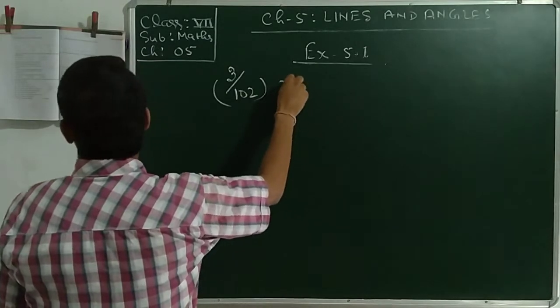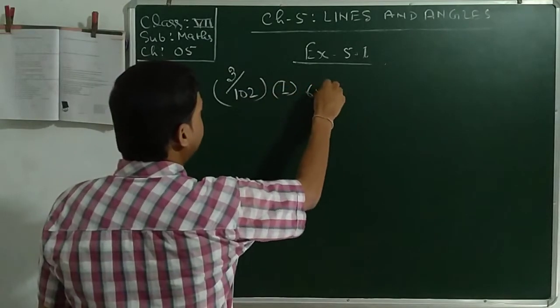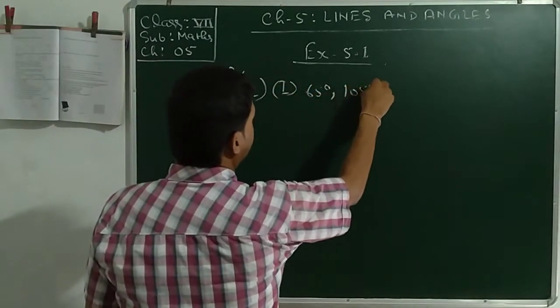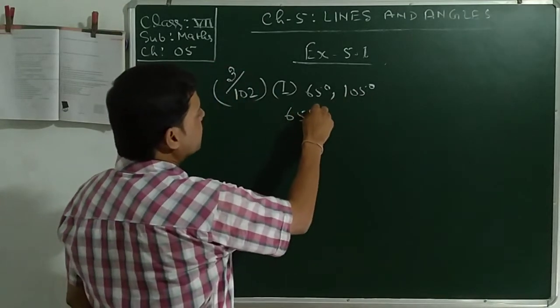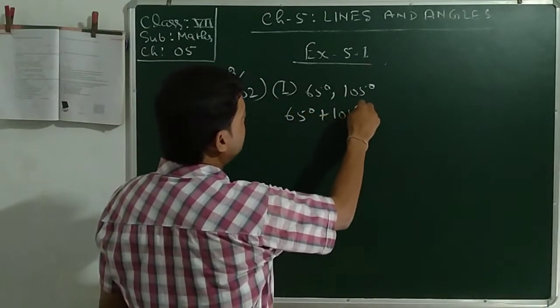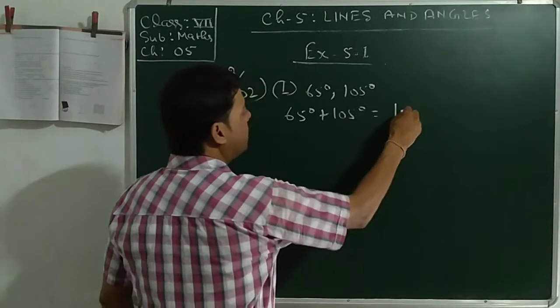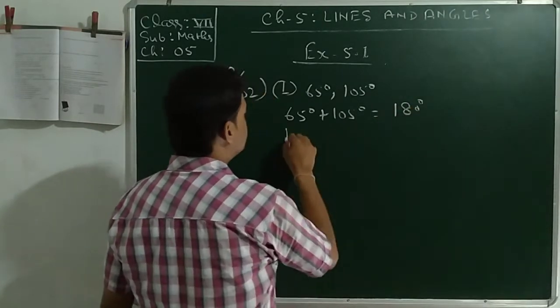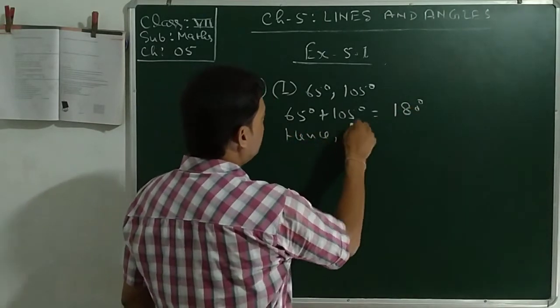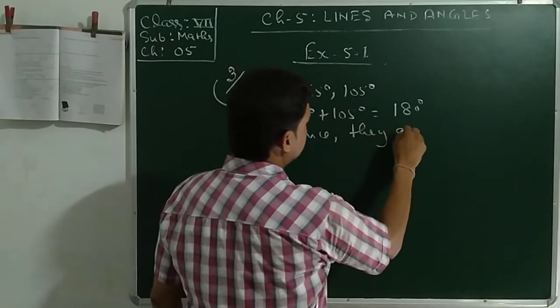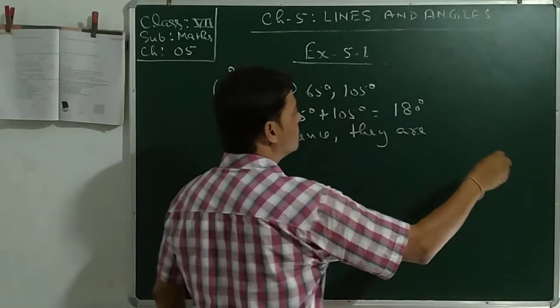In the first sum, it is 65 degree and 105 degree. Let us check. 65 degree plus 105 degree equals 180 degree. Hence, they are supplementary.